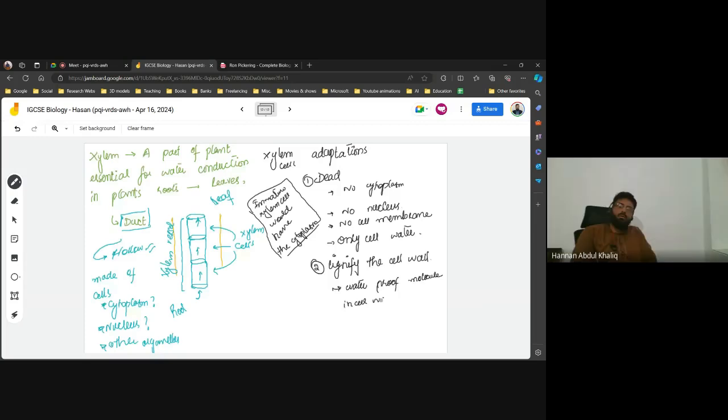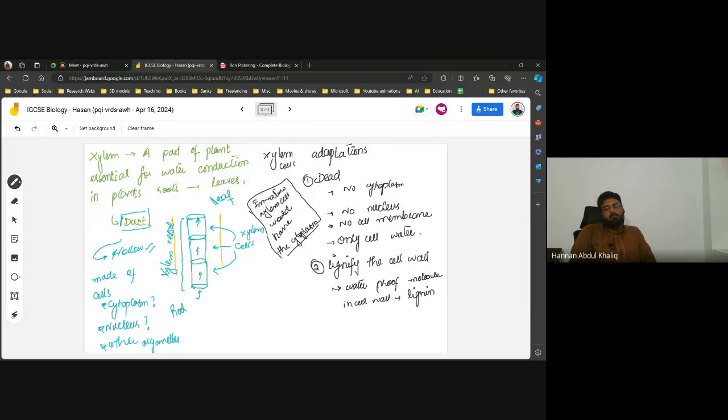Along with cellulose, we add another waterproof molecule in the cell wall, and that waterproof molecule is called lignin.